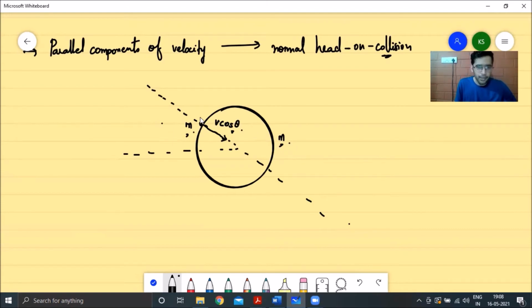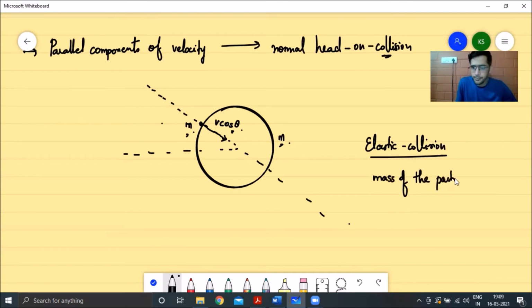Sorry, not the velocity: the masses of the particles undergoing collision over here are equal, and the particles are undergoing an elastic collision. Then we had derived this result earlier, that the velocities will interchange.